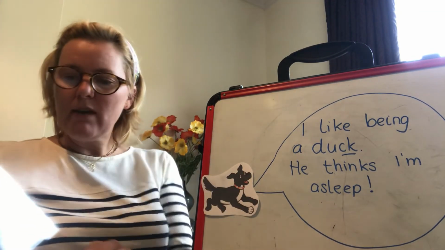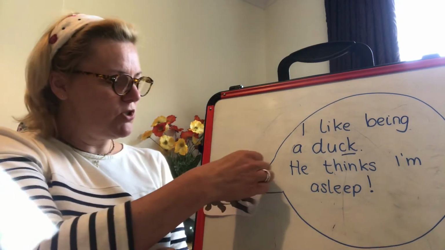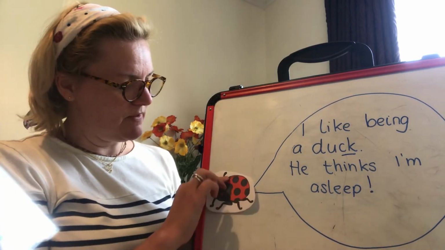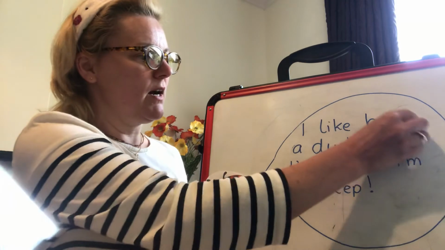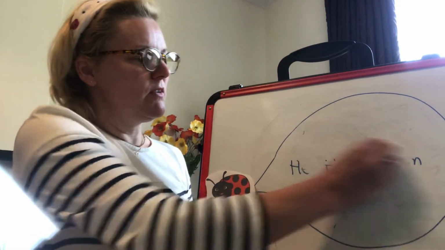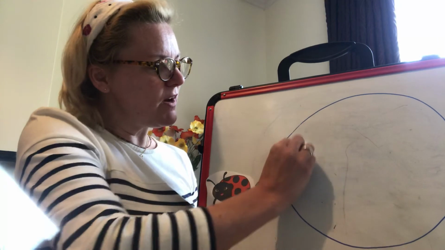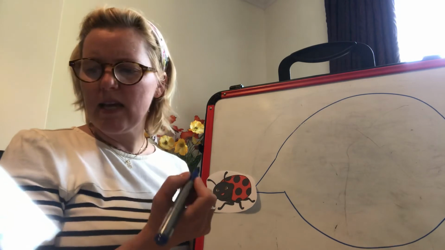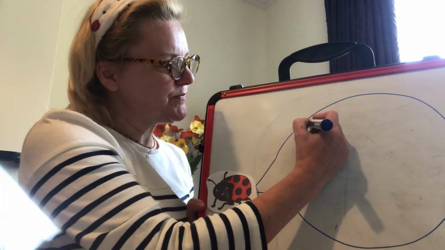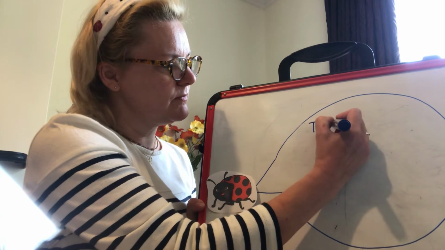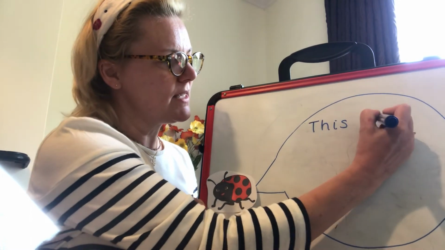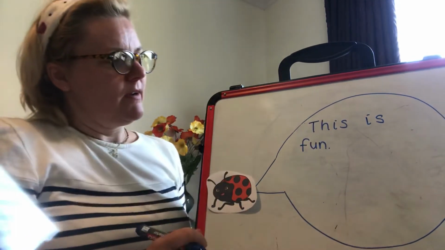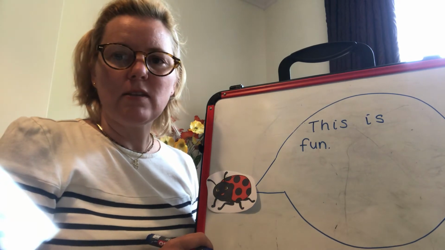I've got one more character here, and I'm going to choose the main character in our story. Can you remember who that is? That's right, it's our ladybird. The ladybird wouldn't be saying, I like being a duck, because that's not what he's been. So let's rub that out and think of something for our ladybird to say. He might be quite excited, so I think he might start off by saying, this is fun. But the whole point of our story is they don't want them to find the cow.